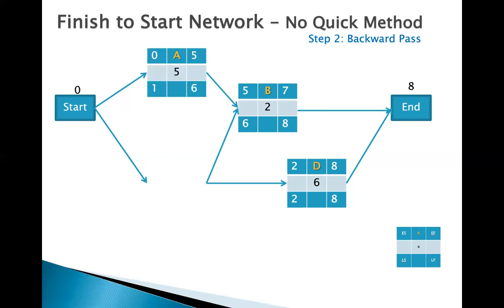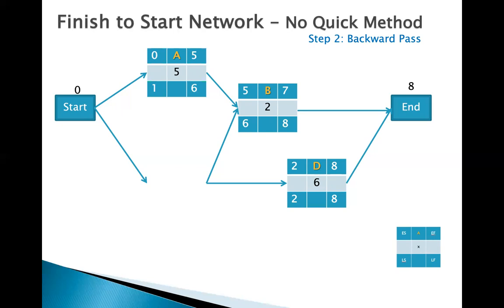Now, activity A. Remember that in activity A, you don't have any problem to make the decision because you have only one possibility, from B to A. So what is the late finish of activity A? It's 6. So what is the late start of activity A? It's 6 minus 5, which is 1.